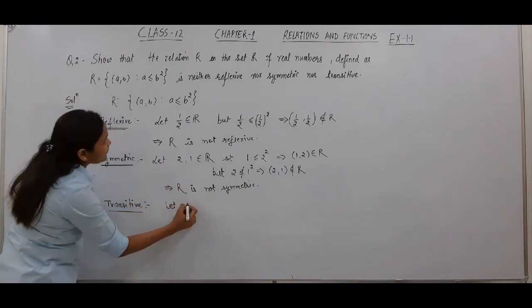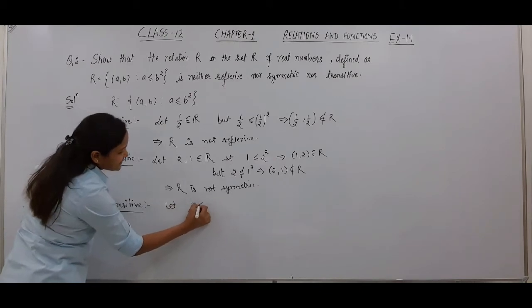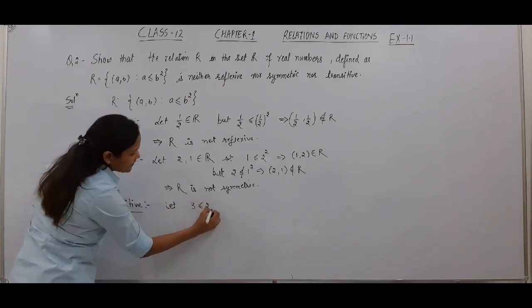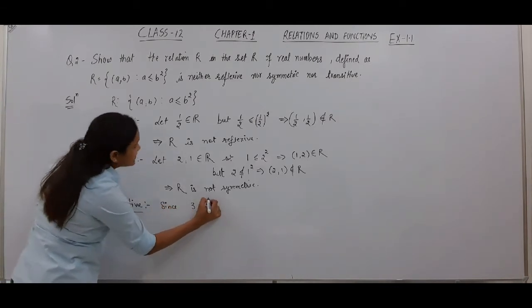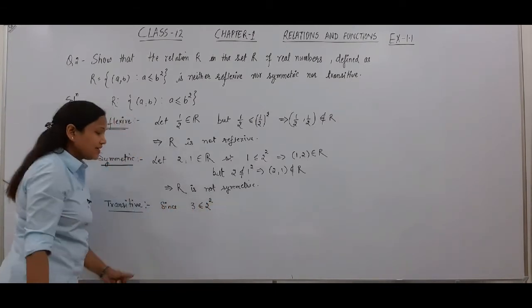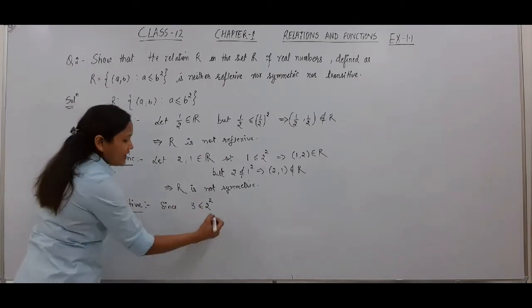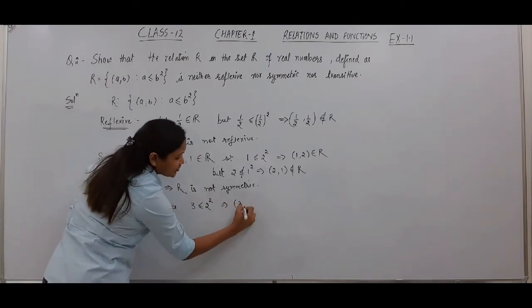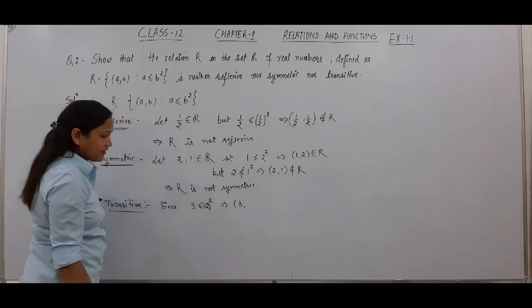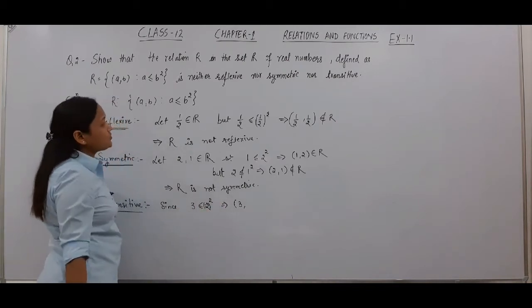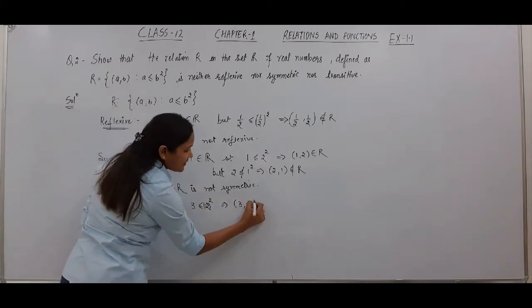Let 3 is less than equals to, since 3 is less than equals to 2 square, 3 is less than equals to 4. That implies 3 is related to 2. Or let us take it as minus 2. 3 is less than equals to minus 2 square. So 3 is related to minus 2.